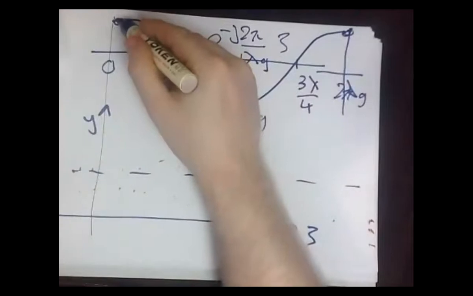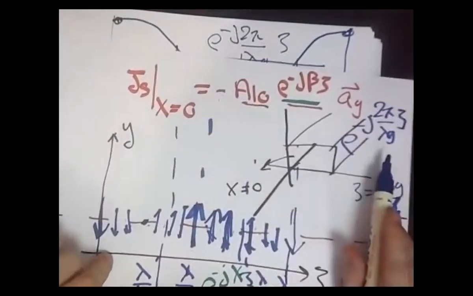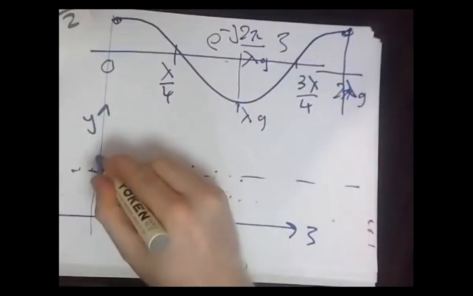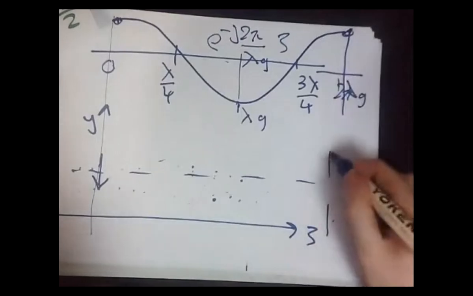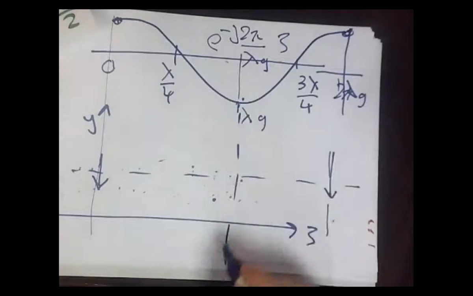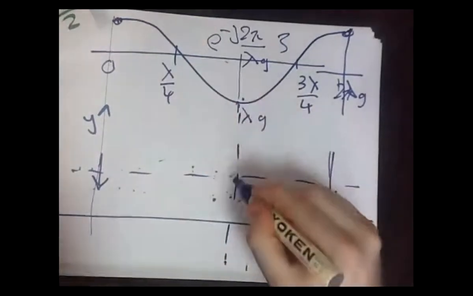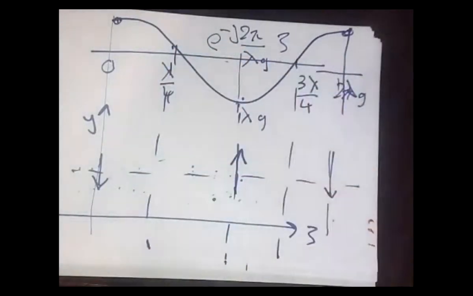Now, if it's 0, this is maximum, but the function has a negative value, so it is directed to the negative A1. Similarly here, this is directed to the negative. And this is now negative, so we need a negative to that A1. In between, we have zeros here.